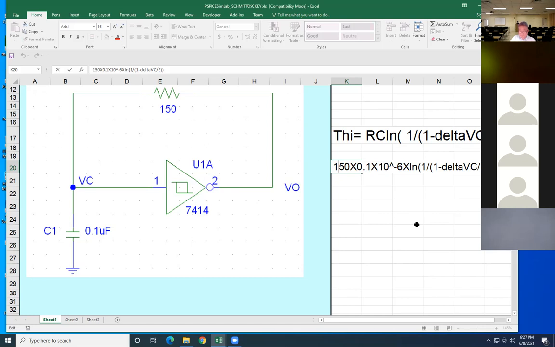How much is delta VC? We already told you, delta VC for T high will be the difference between 2.75 and 1.6.